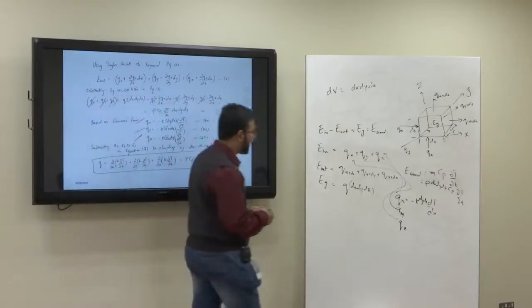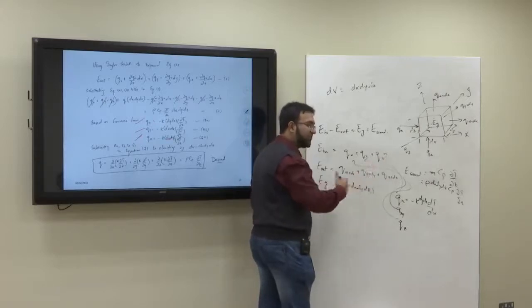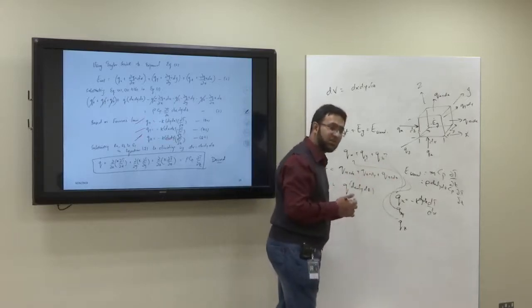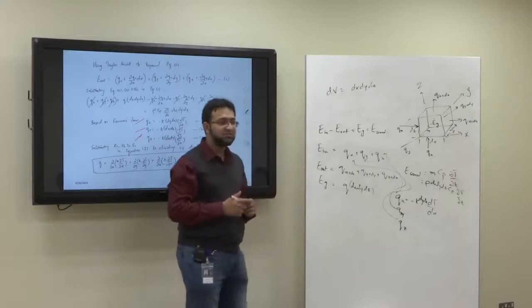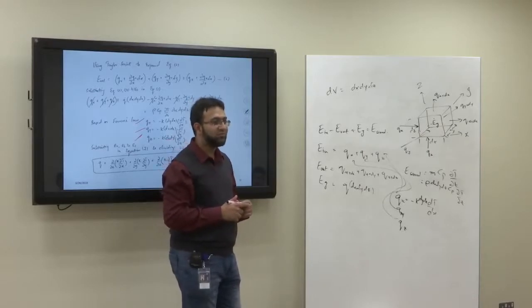If you have this kind of a thing, qx plus dx, how do we expand it in the Fourier series? Have you studied Taylor series? Have you studied Fourier series? Maybe we will take it. No, I don't know.